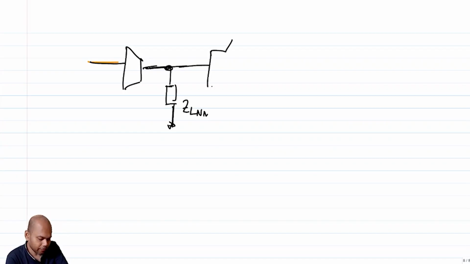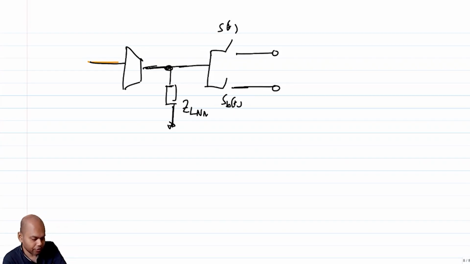You can still have S of t, SB of t in the same way. Just that for in-band signals, the current will flow into the ZLNA and it will create a voltage here. And here you are going to observe that voltage at different points of time, right? In a current-driven mixer, right?